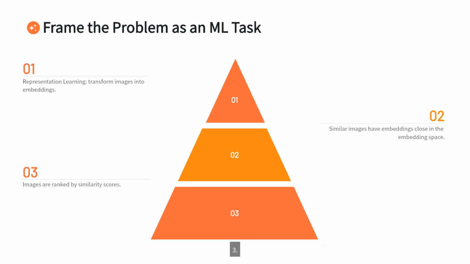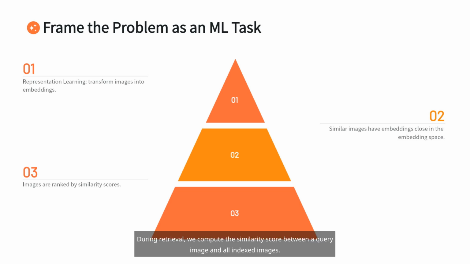3. Ranking by similarity scores. During retrieval, we compute the similarity score between a query image and all indexed images. These scores are used to rank results. Higher scores indicate higher similarity. For example, in a shopping app, uploading a photo of a shoe returns similar-looking shoes sorted by visual proximity.